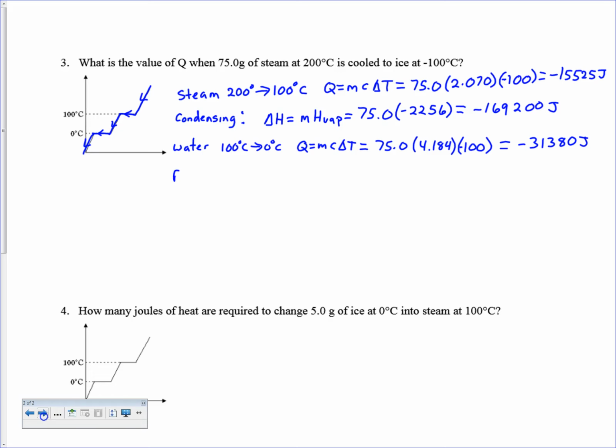Then we're going to freeze it. So for that one, we're going to have delta H equals mass times heat of vaporization. Oops, heat of fusion here because it's freezing.